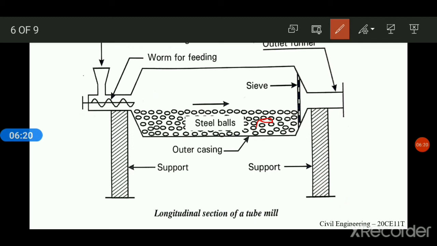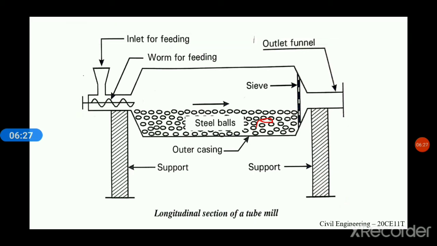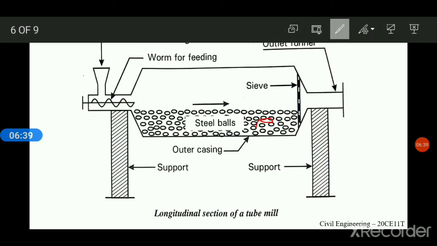So the material to be ground is fed from the inlet. Inlet for feeding. After achieving fine grinding due to steel balls of smaller size, the ground material is collected at the outer funnel.